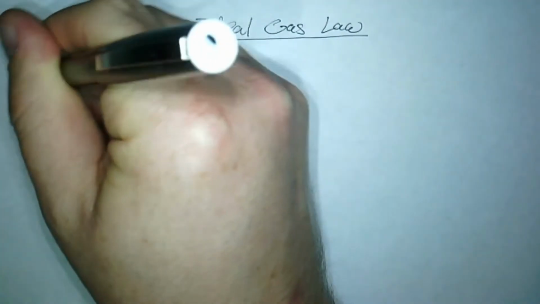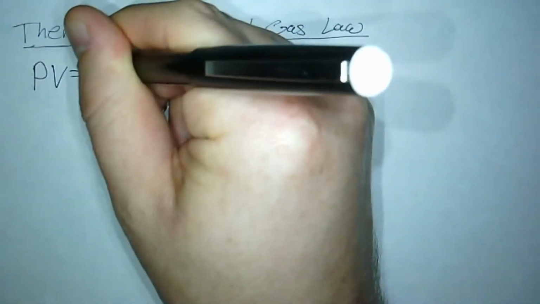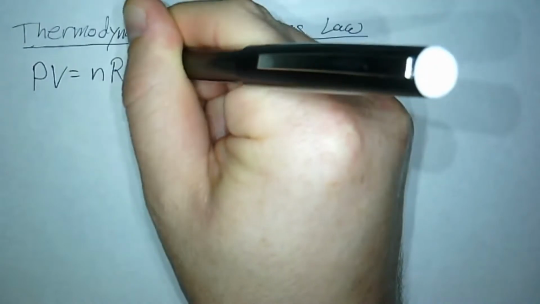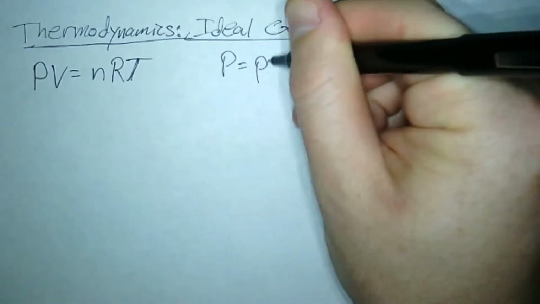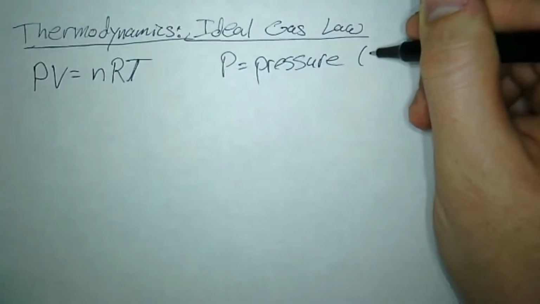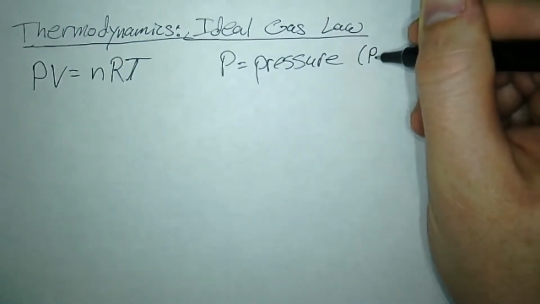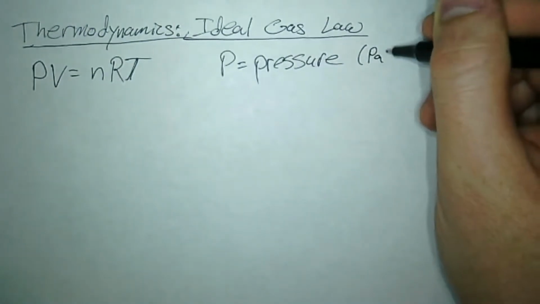So the ideal gas law we can write as PV equals nRT, where P is pressure, and that's going to be measured in pascals.